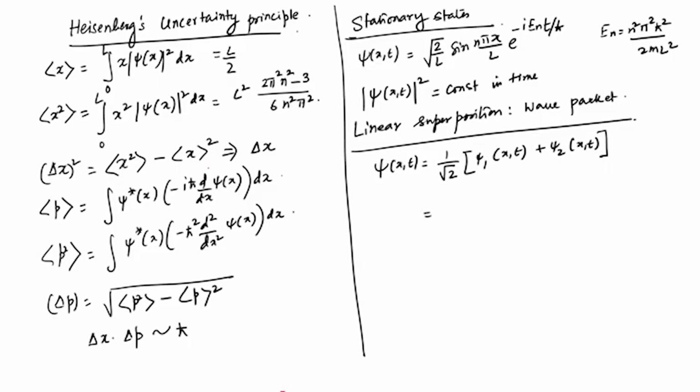Now, there is a 1 by root 2 and so on. So there is a root 2 by L, the root 2 cancels and there is an L here, and then we have sine pi x by L, that is the ground state, times exponential of minus i E_1 t by h cross, plus sine 2 pi x over L times exponential of minus i E_2 t by h cross.